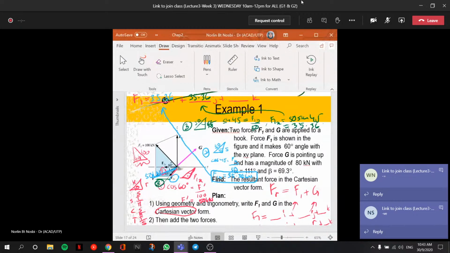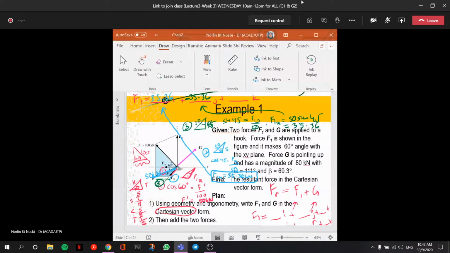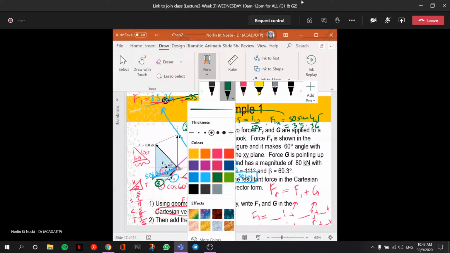Okay, how about K? You need to find K. Okay, let me change the color. Which color? Yellow. Orange. Okay. Now we need to find the F1K.